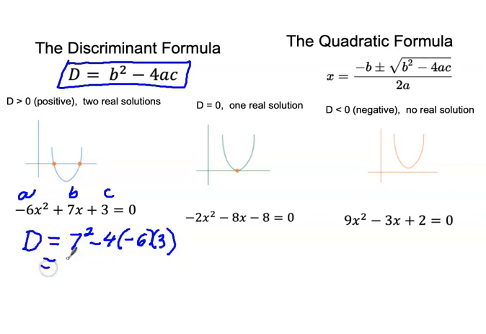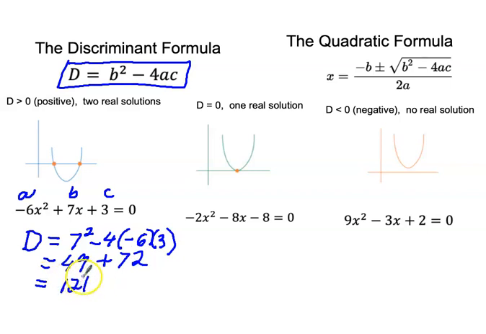And now we just have to evaluate. 7 squared is 49, and now we have minus 4 times negative 6, that is positive 24, times 3. Let's see, 24 times 3 very quickly, 72. So we have 49 plus 72, and that equals 121.